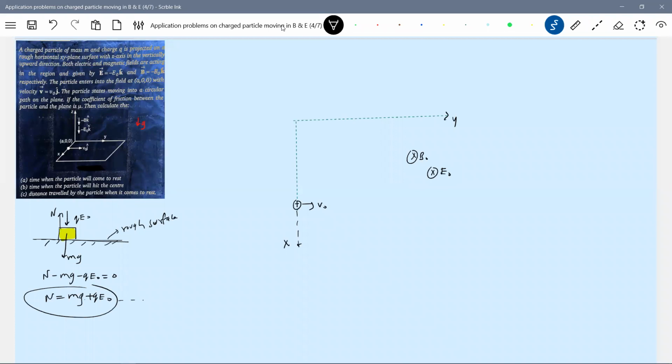Then in what direction will the friction act? And there's also the magnetic force. The electric field is acting into the plane of paper. Now the magnetic field: by Fleming's left hand rule, B bar and v naught, the magnetic force is acting here. Then the friction will also act. Now tell me, what will happen to the particle?